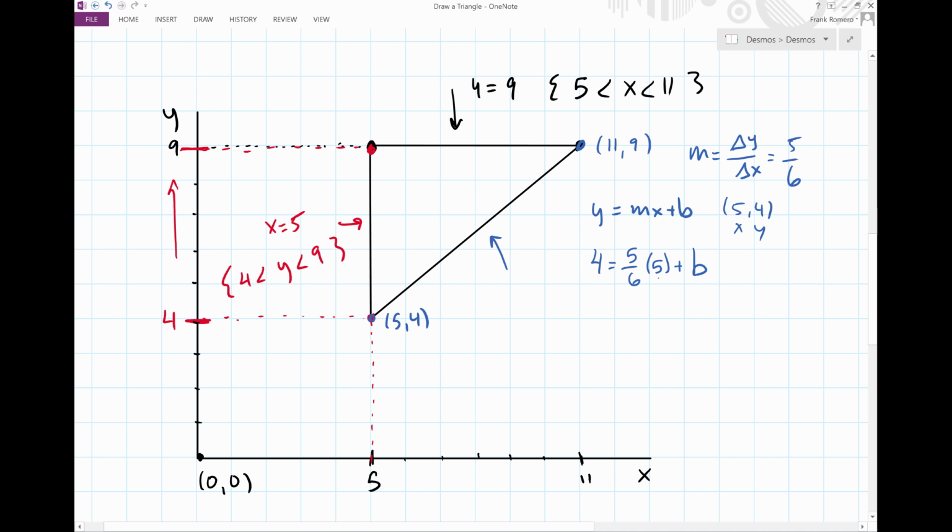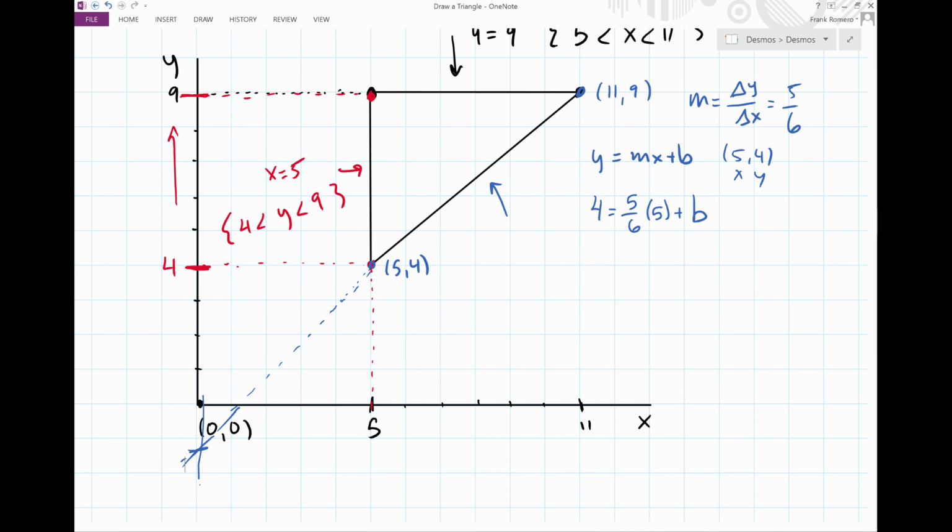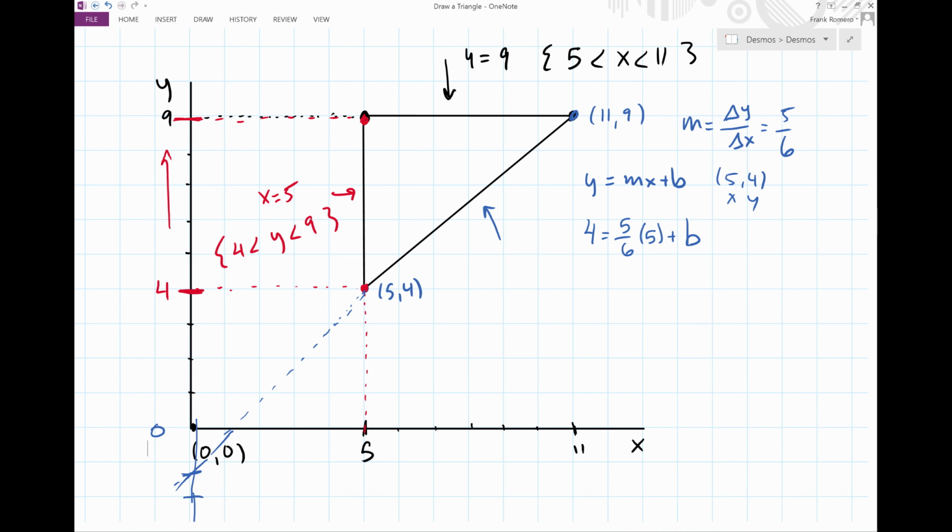Now, before I finish that, if I draw a line here, it looks like it's going to be a negative number, and it's not very big. Over here is -3. It's probably between 0 and -3. We'll find out. 4 is equal to 25 over 6 plus b. Subtract 25 over 6 on both sides, and b is equal to 4 minus 25 over 6.